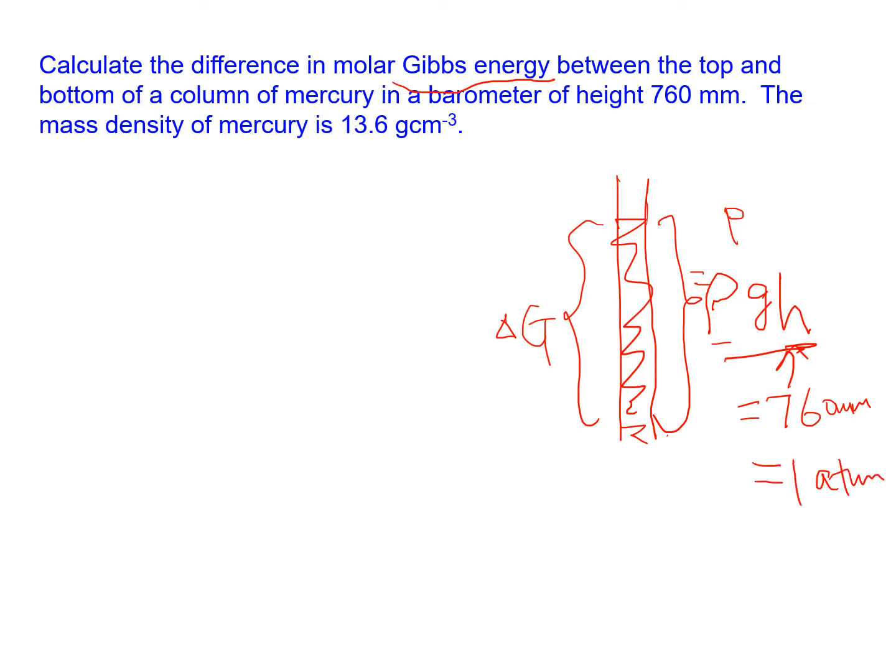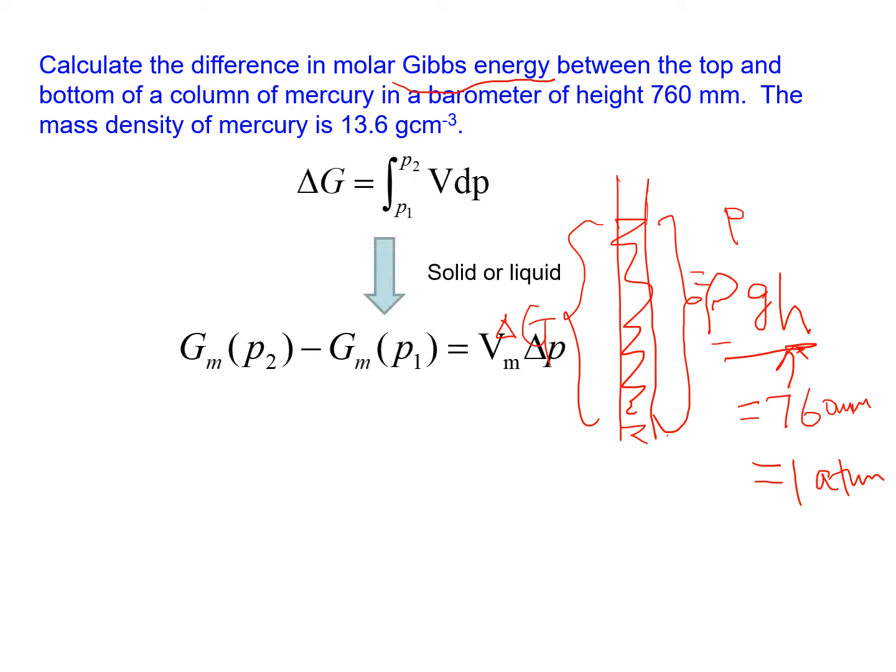In other words, the difference between top and bottom is 1 atmosphere in pressure, and that gives you a difference in Gibbs energy. As we learned in class, the Gibbs energy difference for a liquid is Vm times the pressure change. That's for liquid or solid.